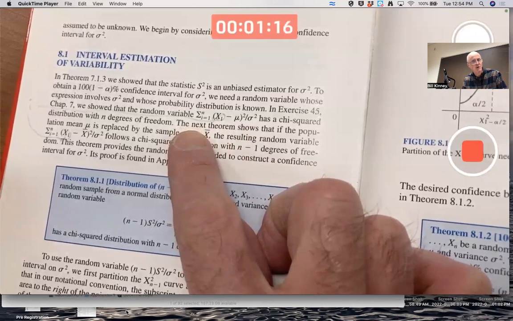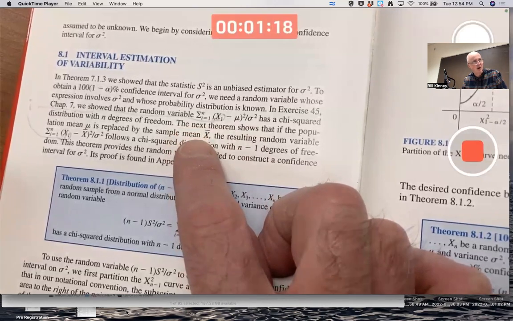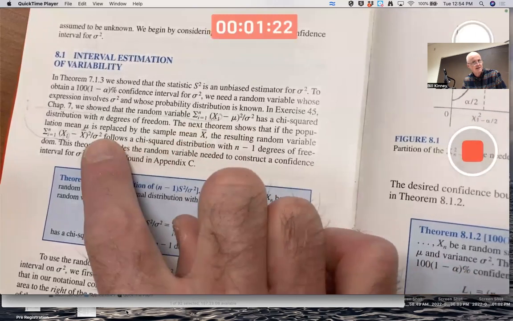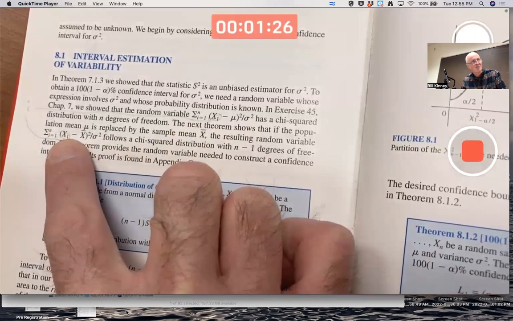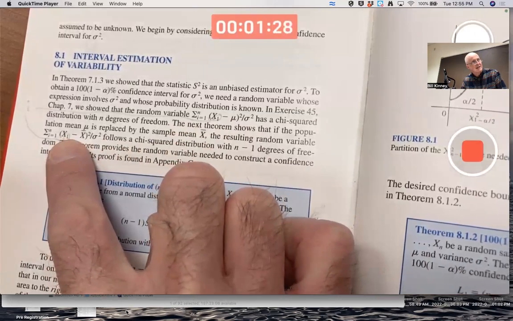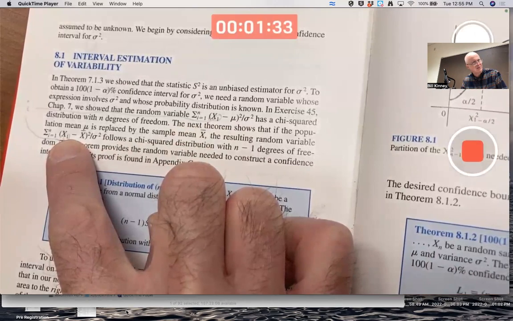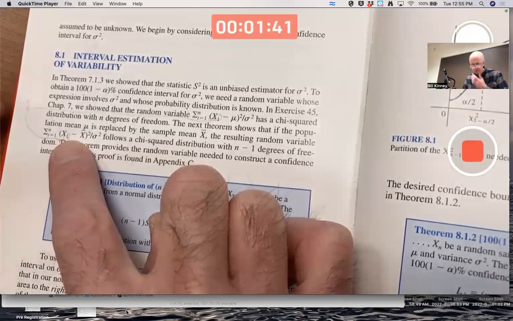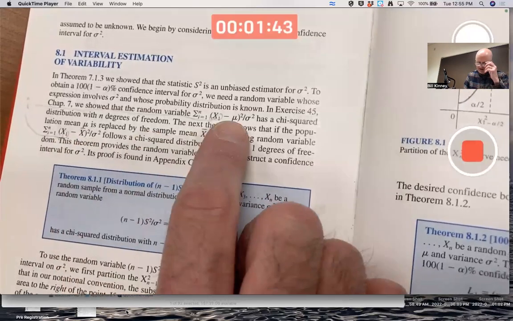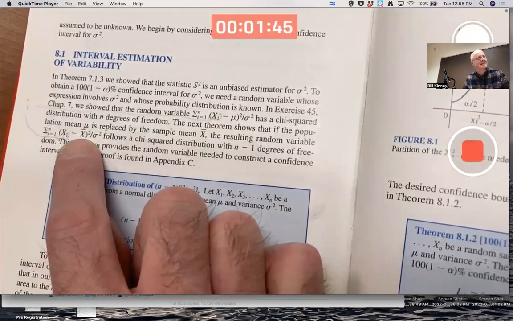The next theorem shows that if you replace mu with x bar, same kind of formula there, still a typo, that should be an I, you get a chi-squared random variable again, but now it's got n minus 1 degrees of freedom instead of n. That's mysterious. What did we do? We replaced mu with x bar. That's all we did.